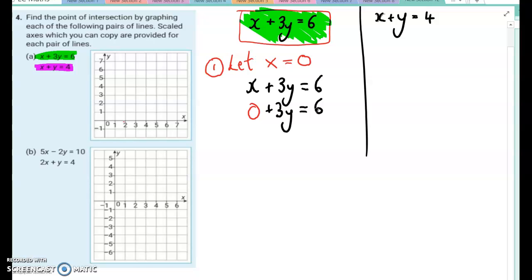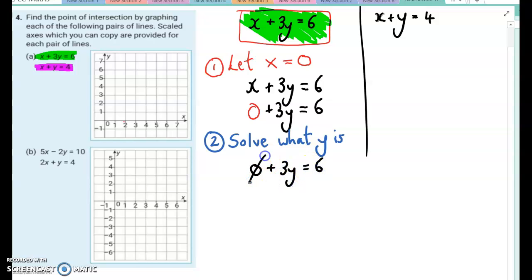Okay, simple as that. Now step 2, there's another step. Solve what y is. So you notice from what I have just done, 0 plus 3y equals 6. But I can get rid of that 0, because 0 doesn't mean anything. I'm left with 3y equals 6.